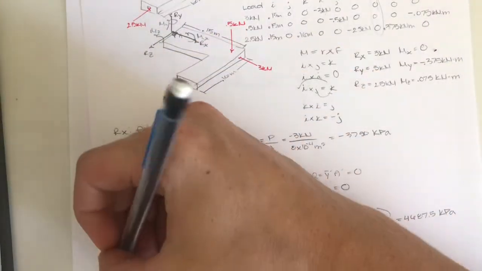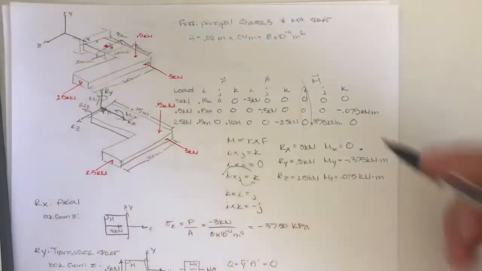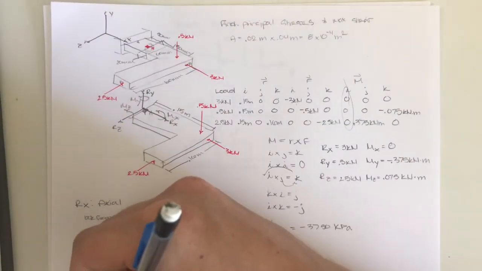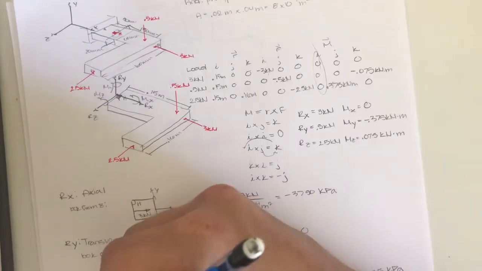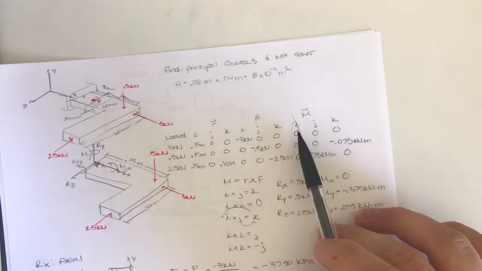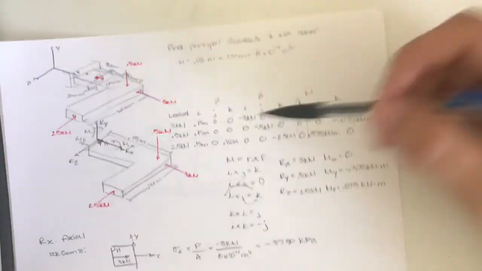Now we have a moment in the x. So we found the moment in the x to be 0, as the moment in the x equals 0 because r cross F gave us no values in that x direction for all loads.